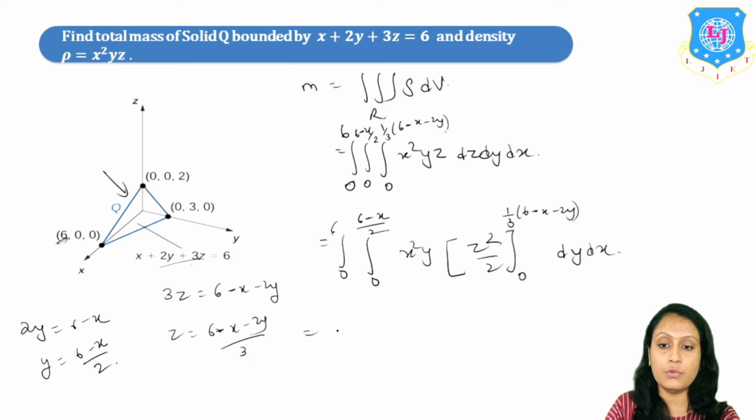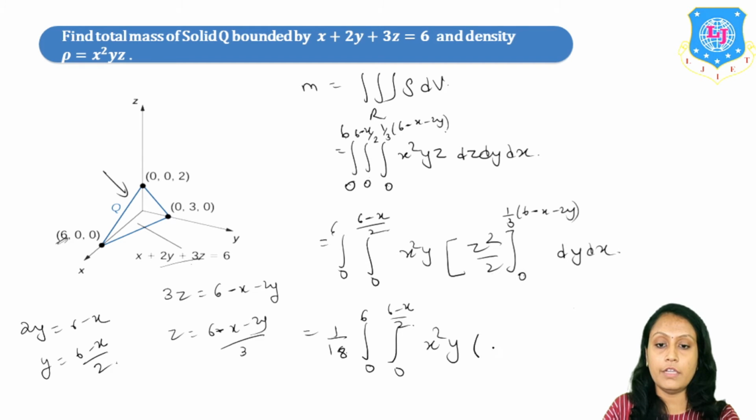So 9 into 2, so 1 upon 18 will take outside. This is 0 to 6, 0 to (6 minus x) upon 2, x square y into (6 minus x minus 2y) whole square dy dx.